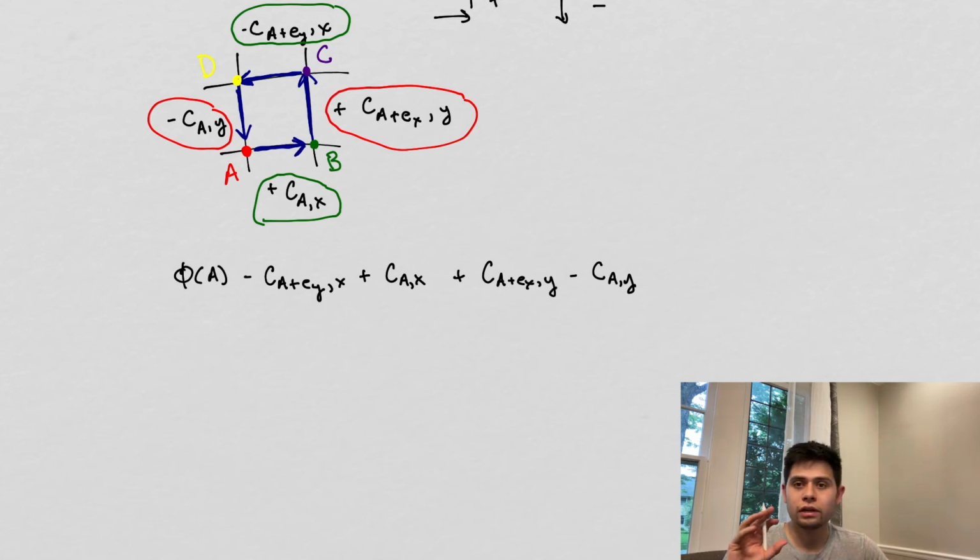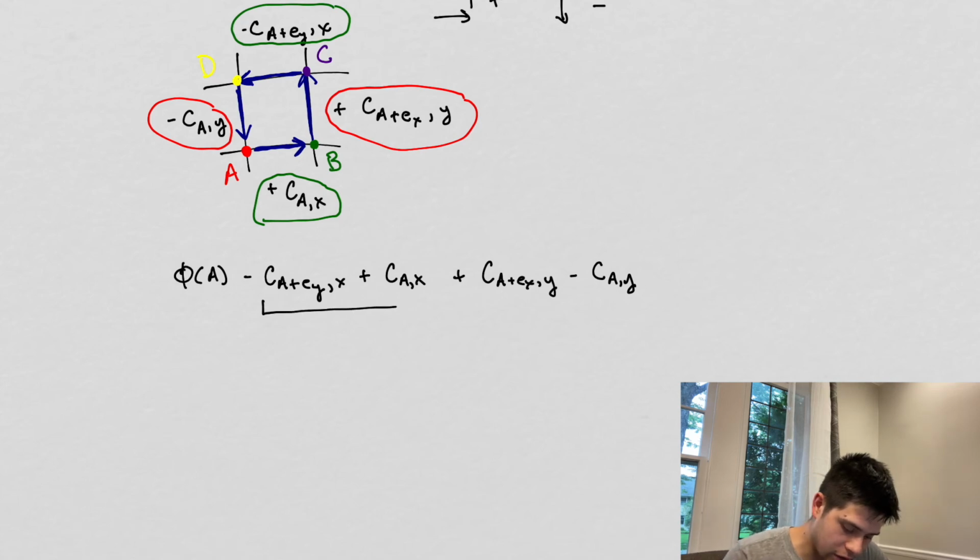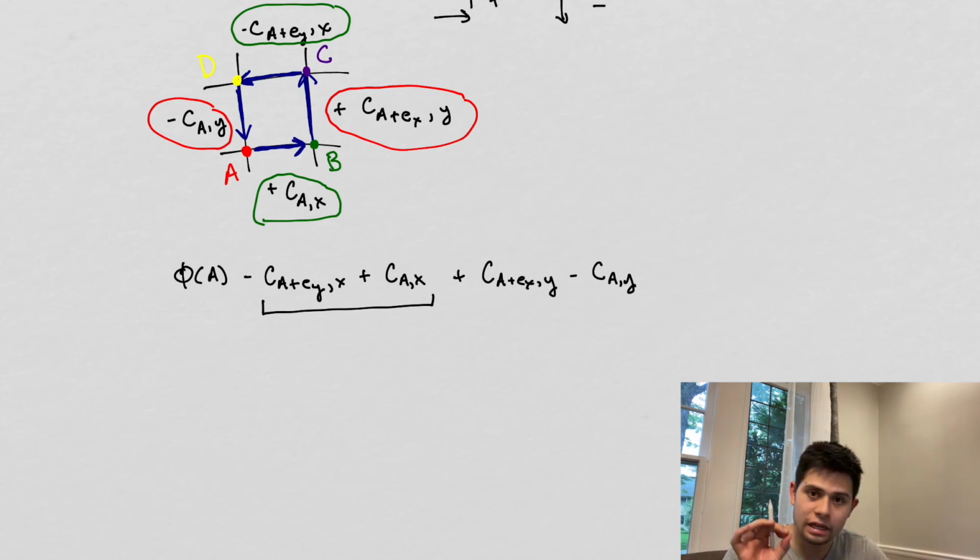Now if we look at these, this here is essentially a partial derivative in the x direction, because we're traveling in the x direction here and here.